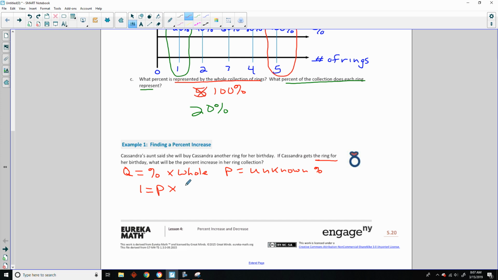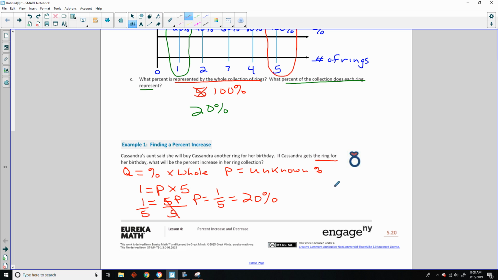Well, she already had 5 rings, so 1 equals P times 5. I don't like using an X for multiplication, so I would say 1 equals 5P, which is 5 dot P, or just 5P. To solve for P, we would divide by 5 on both sides, and we get P equals 1/5, and 1/5 is 20%.